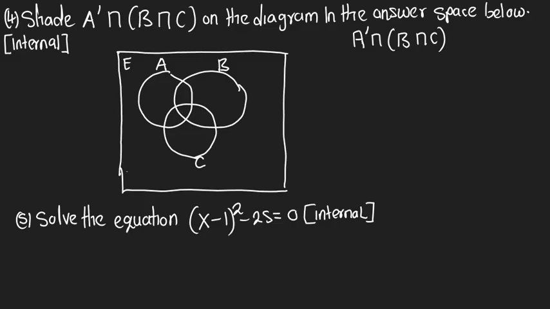Have you covered the entire of A on your screen? That's what they are saying. They are saying A complement, so you are covering the entire of A. Then they are saying intersection B, B intersection C. So B is intersecting with C here, and that's how you get it.